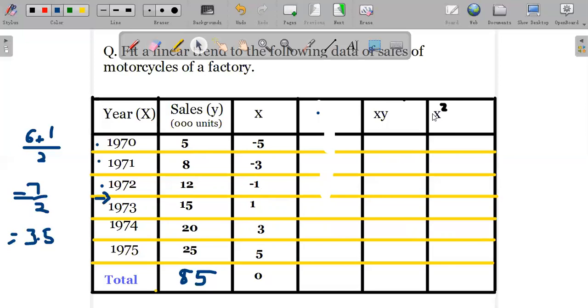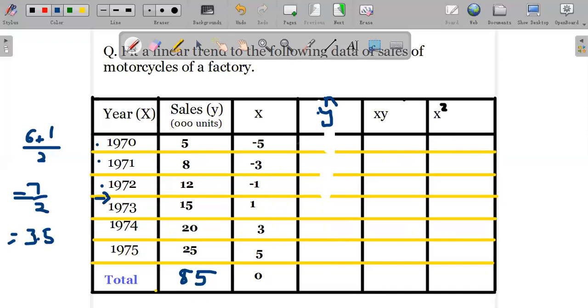So your product XY. And just the 6th column, you can draw just for the trend line in a Y bar. In this question we are not asked to find Y cap. But anyway, you can find Y cap.